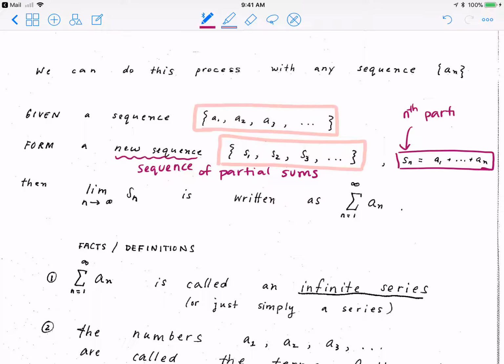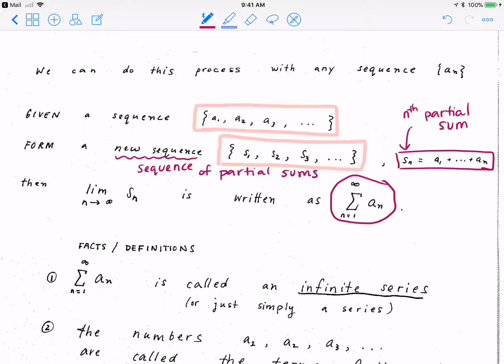And then the limit as n goes to infinity of your nth partial sum is written like this.